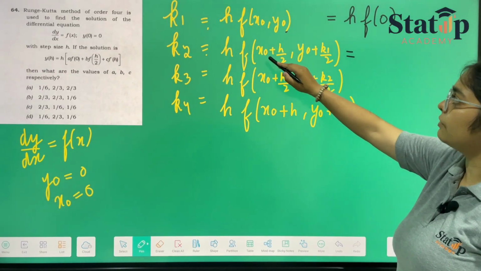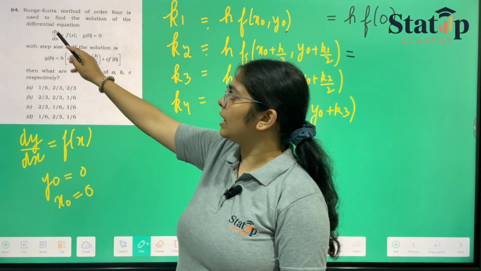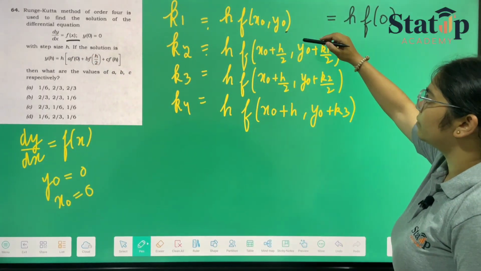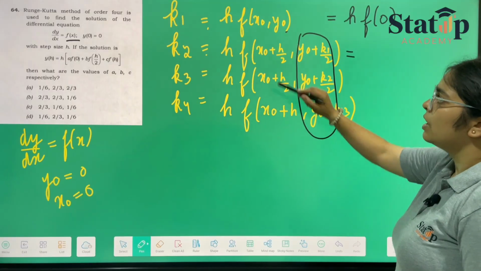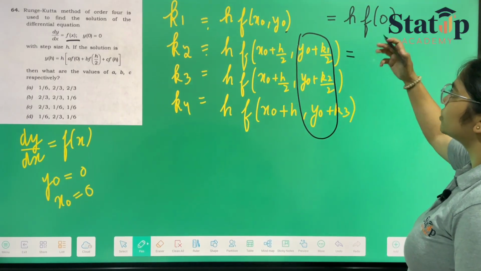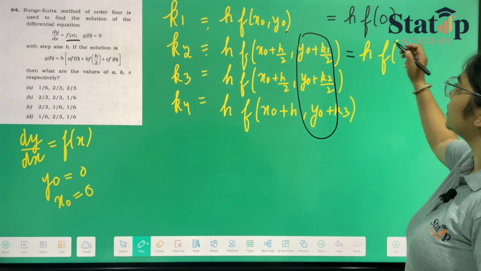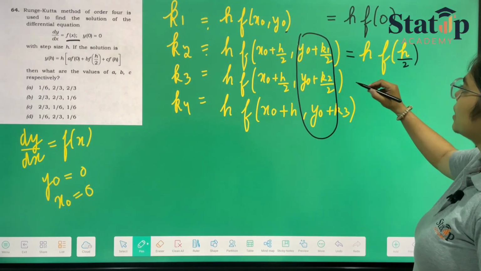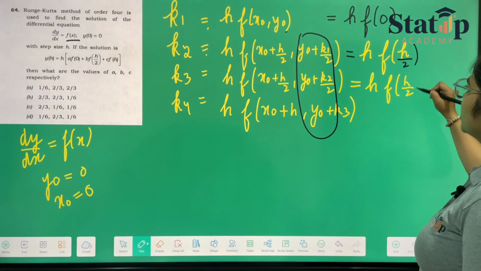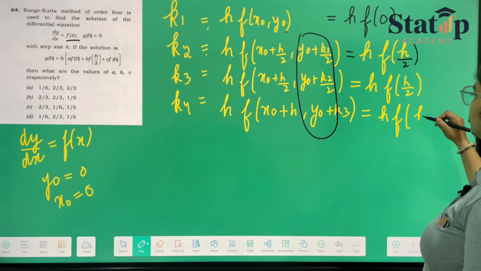Since dy by dx is only depending on the variable x, instead of seeing these y values all over here, we'll just be seeing the values with the variable x. Since x0 is 0, it will be h f(h/2), then h f(h/2) again, and then h f(h).